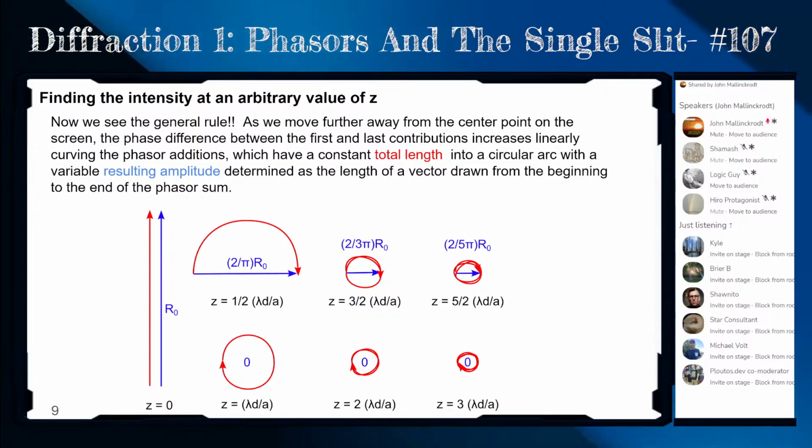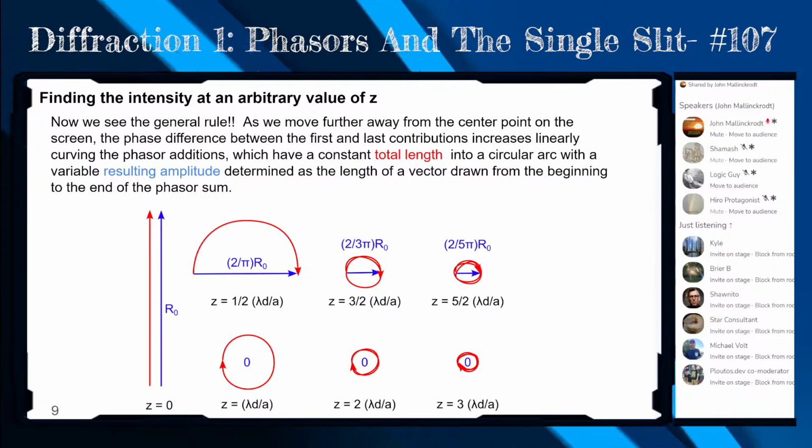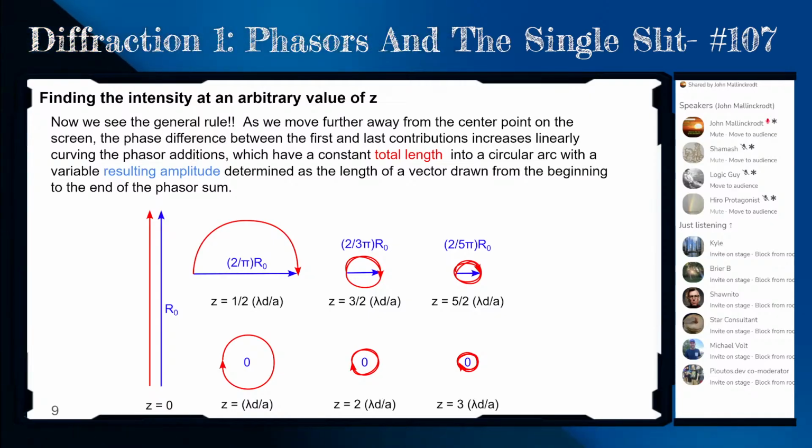In that case, the red line, which is always the same length, has to get curled into 1.5 circles. So it goes all the way around and then halfway around again.